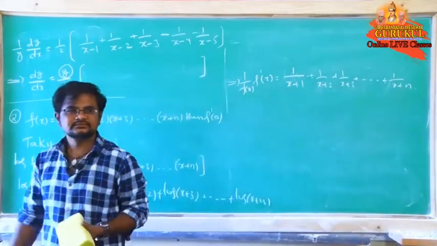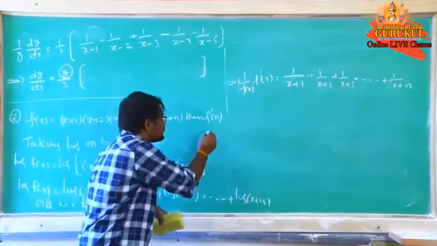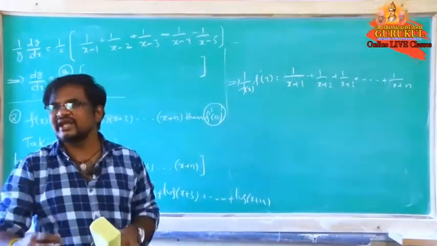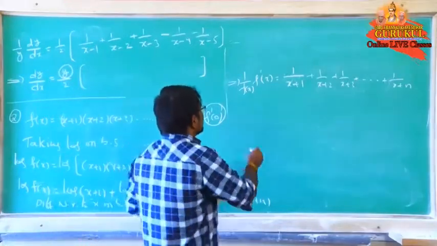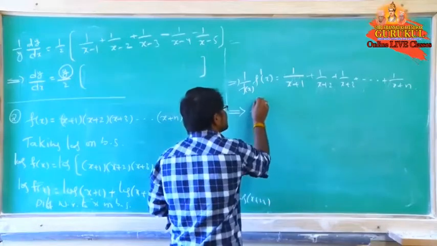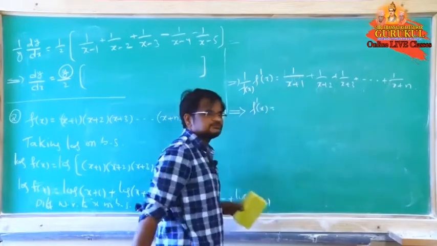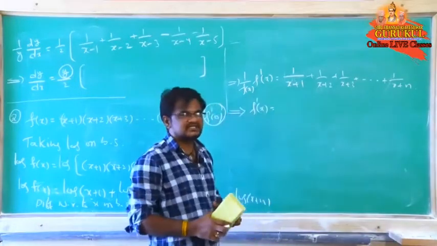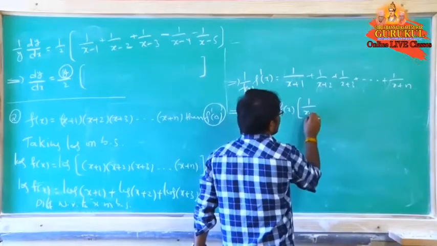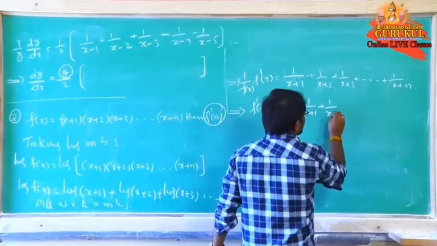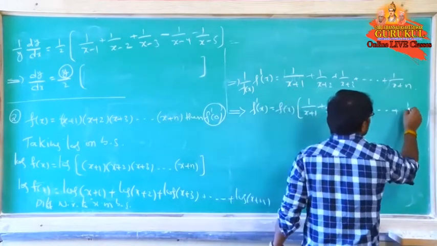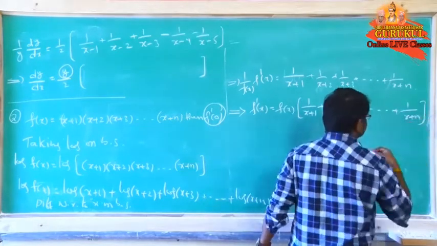Next, what value do we have to find? F dash of 0. Substitute x equal to 0. Before that, you can do it like this also: f dash of x equals f of x multiplied on this side, f of x into (1 by x plus 1, plus 1 by x plus 2, plus 1 by x plus 3, plus etc. plus 1 by x plus n).